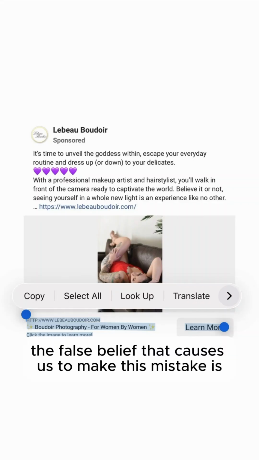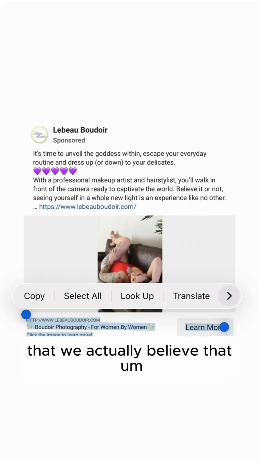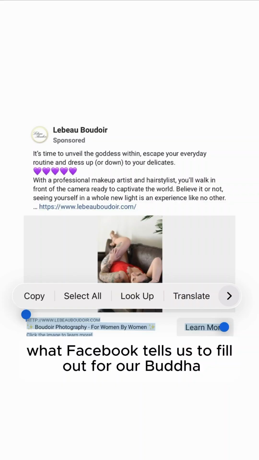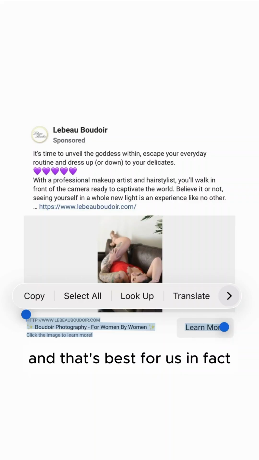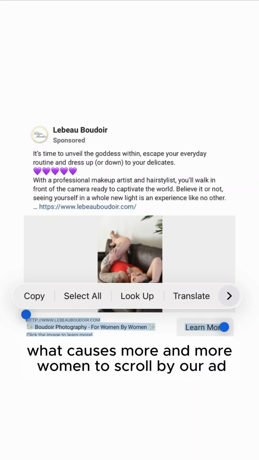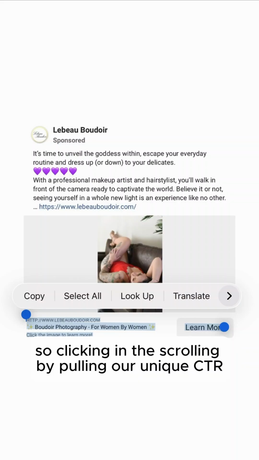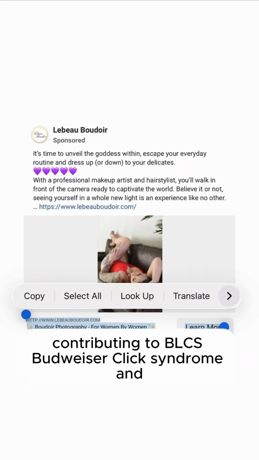The false belief that caused us to make this mistake is that we believe what Facebook tells us to fill out for our boudoir Facebook ads is what we should fill out, and that it's best for us. In fact, it's not best for us, it's best for Facebook, because when we fill all these things out, it causes more and more women to scroll by our ad, which means instead of clicking in, they're scrolling by, pulling our unique CTR under 6%, contributing to BLCS, boudoir low click syndrome.